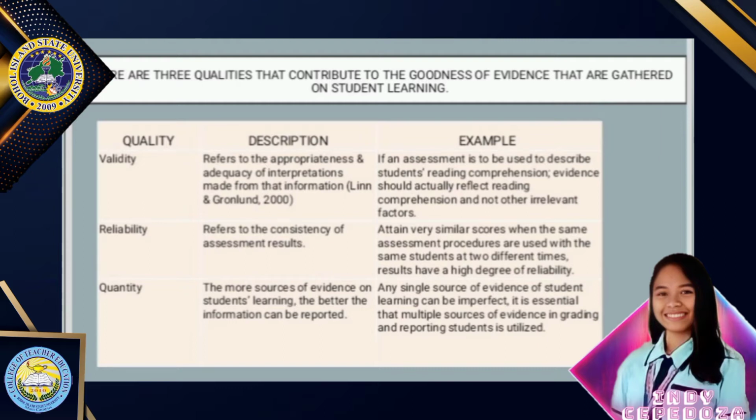Next is reliability. Reliability refers to the consistency of assessment results. If, for example, we attain very similar scores when the same assessment procedures are used with the same students at two different times, we would conclude that our results have a high degree of reliability.